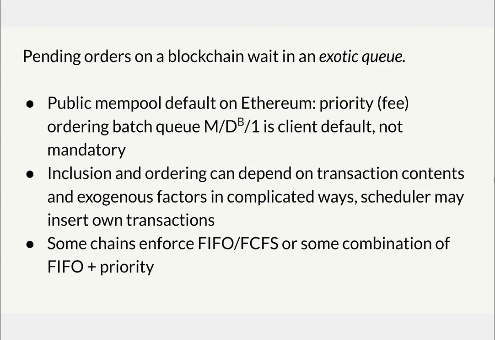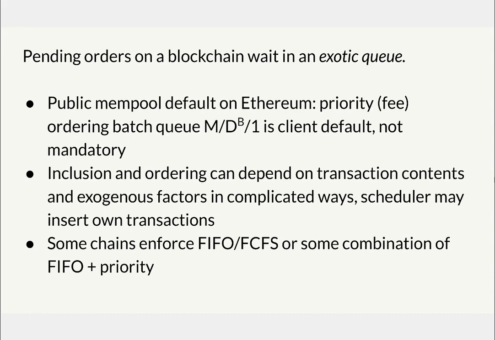So as everyone here is familiar, pending transactions waiting to get entered into a blockchain wait in a very interesting type of queue. Now, if everybody in the network ran their nodes with default settings, then in fact it would be a standard type of queue, which is a priority ordered batch queue with a Kendall notation of M/D/B/1. B is the batch size.